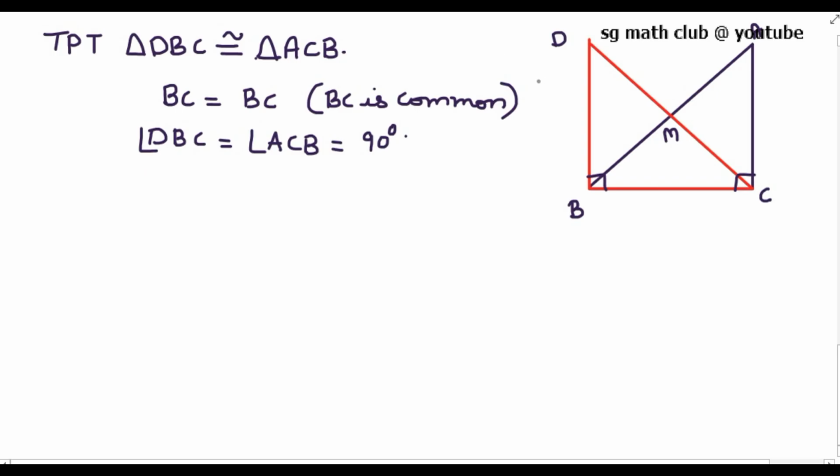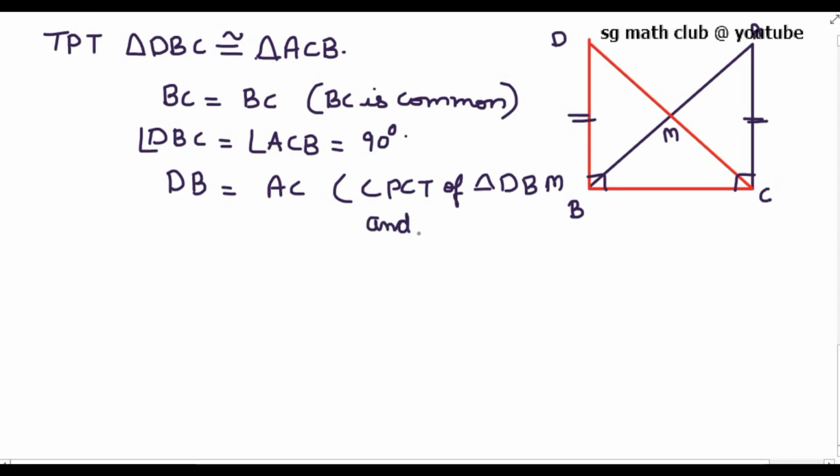and these 2 sides we can say that DB is equal to AC from the corresponding parts of congruent triangles for triangle DBM. First we have proved that this triangle and AMC are congruent. So corresponding parts of the congruent triangles, we can write DB equal to AC, of triangle DBM and triangle AMC.